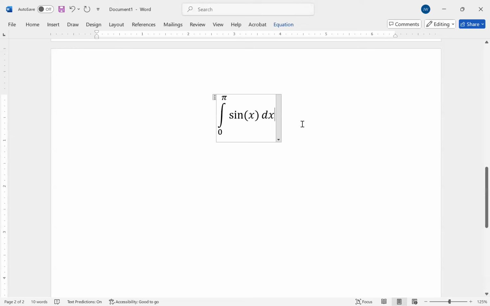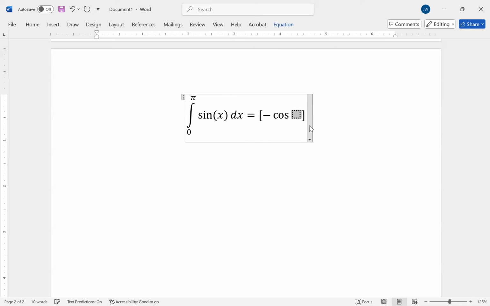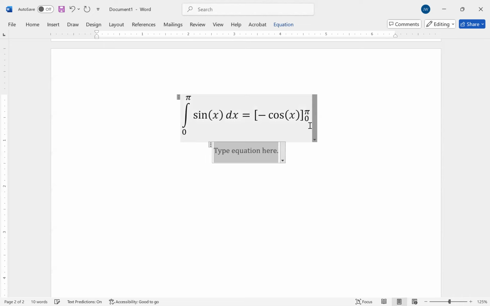All right, so dealing with sine here, and because we are dealing with radians, our antiderivative of sine we know is negative cosine of x. We're going to be plugging in 0 and plugging in pi. And what I was saying earlier is that since we're using radians, make sure your calculator is in radian mode.